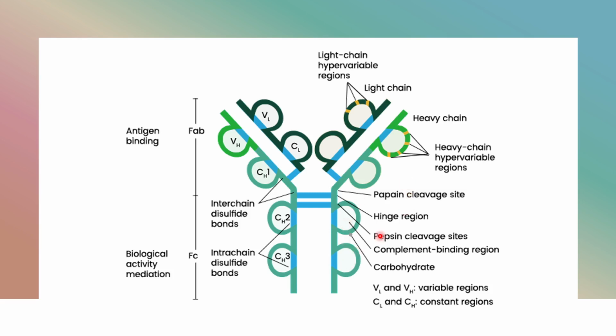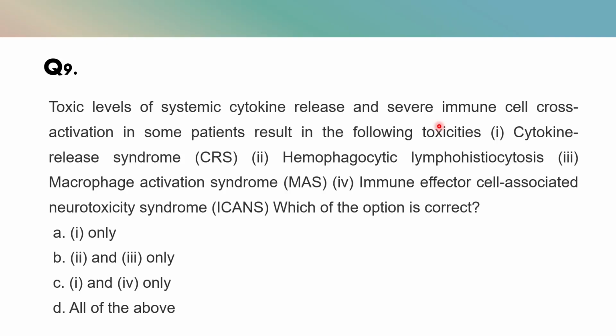Okay, and it is written in quite detailed manner, so you can read about it. I will upload the slide after the class. Okay, fine then. Let's move to our next question. The toxic levels of systemic cytokine release and severe immune cell cross activation in some patients result in the following toxicity.